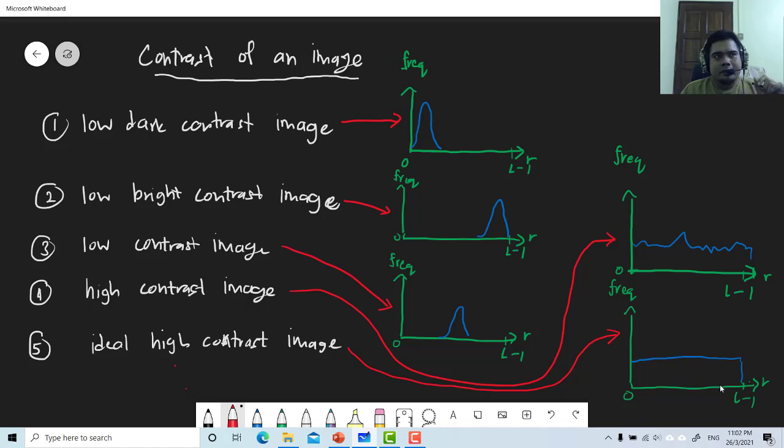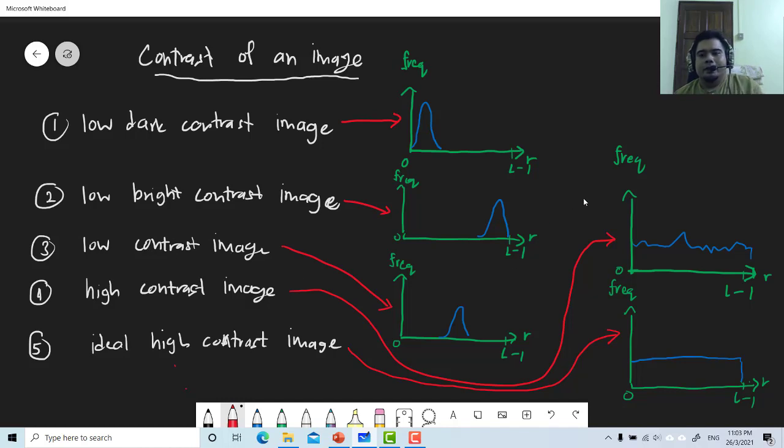Of course, in reality or in practice, it's very hard to achieve an ideal high contrast image. But the purpose of why we call this approach, in this video lecture, histogram equalization, is because we want to improve the contrast of the image. It doesn't matter whether it is a low dark contrast image, low bright contrast image, low contrast image, or even a high contrast image.